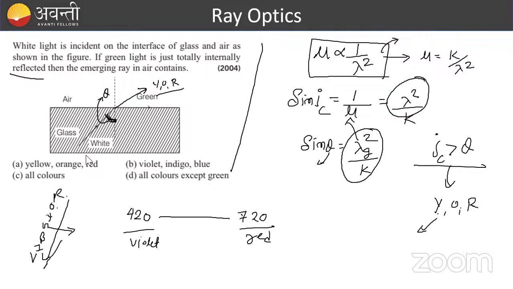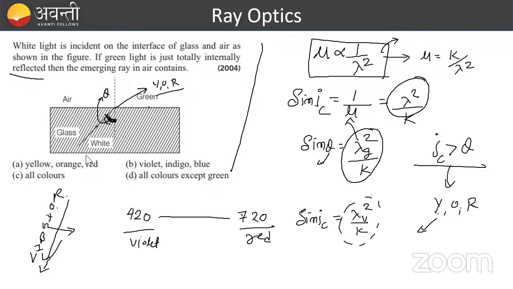And if you go down, blue, indigo and violet, their critical angle will be equal to how much? Sin IC for these colors will be lambda, suppose I take violet, lambda violet squared by k. So this is definitely less than that of lambda g. So this IC is less than theta, meaning the critical angle for blue light is less than that of green light.